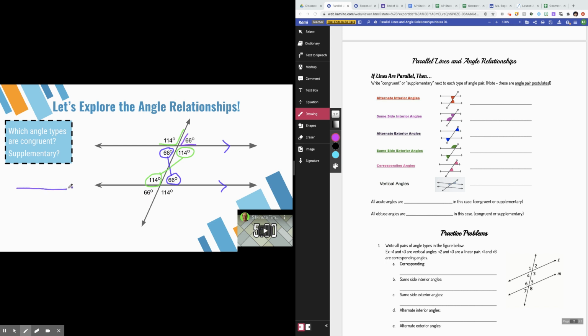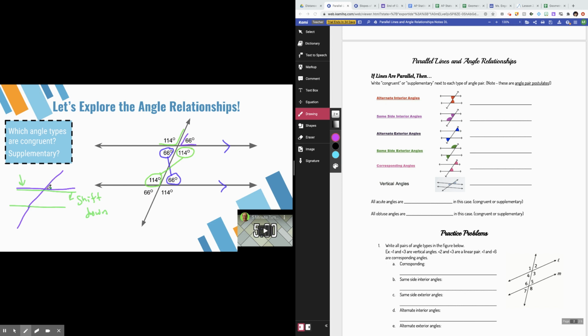If you have two lines, say like this, and you take this line right here and make a copy of it and just shift it down, like when you do copy and paste on a computer, it keeps the angle relationships.